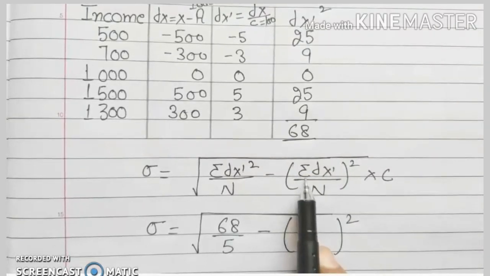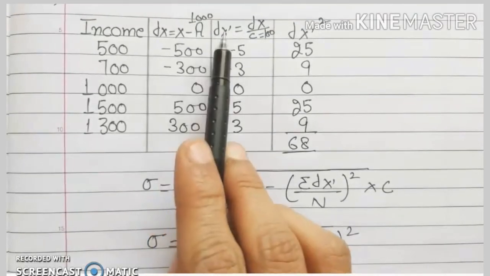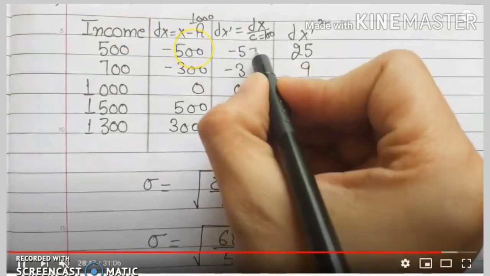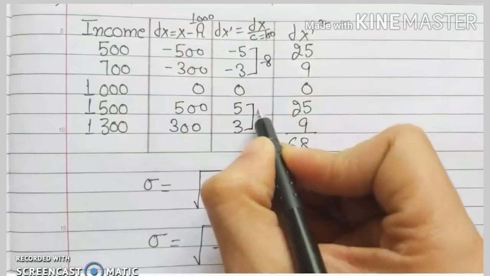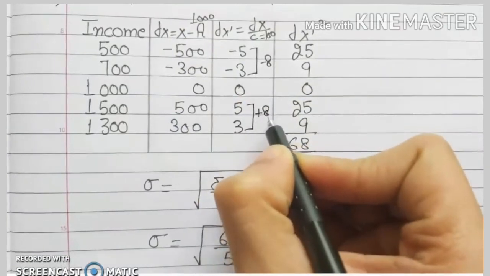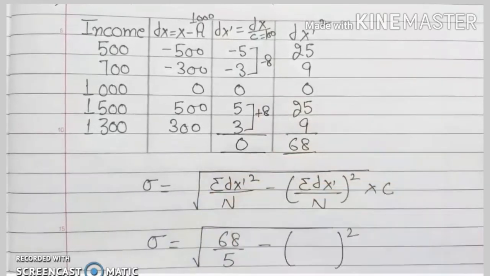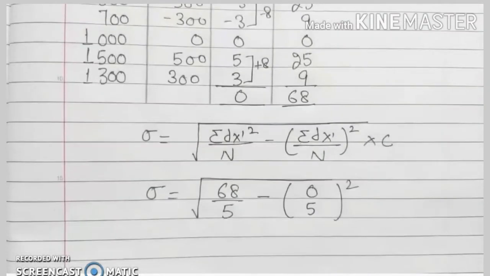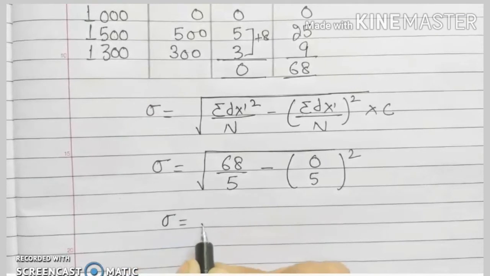Okay, you have to find, that's 8. 8 minus 8 is 0. Then the answer will be 0 by 5. So 0 by 5 is equal to 0 itself. So 0 square is equal to 0.